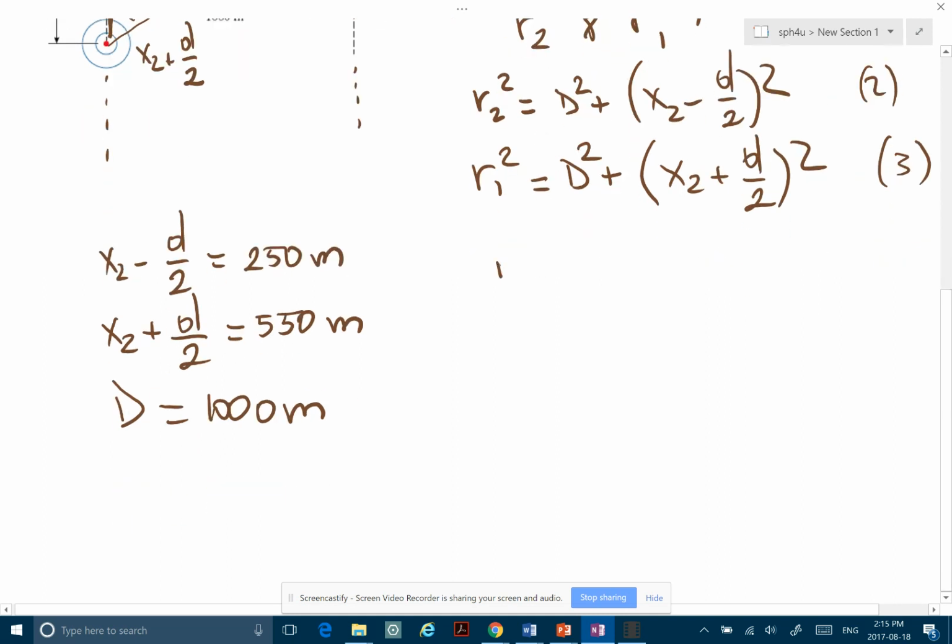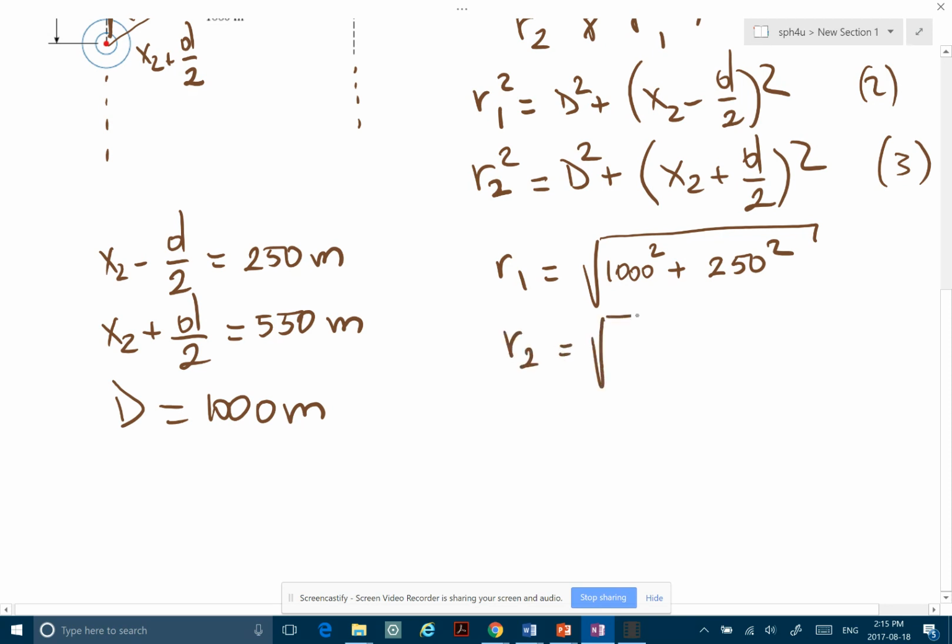All right. So we can find R1 to be the square root of 1,000 squared plus 250 squared. Sorry, that's R1. I apologize. These are 2 and 1. R2 is the longest one. Now, not that it will matter.